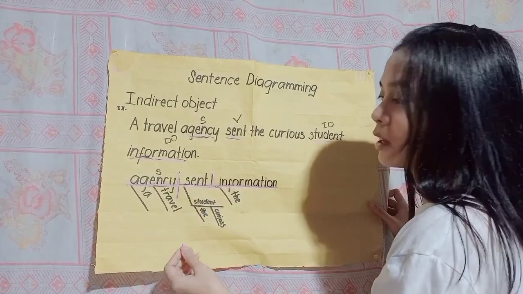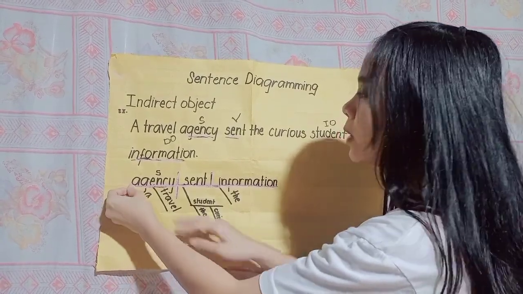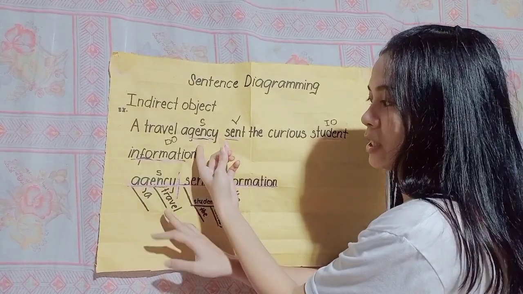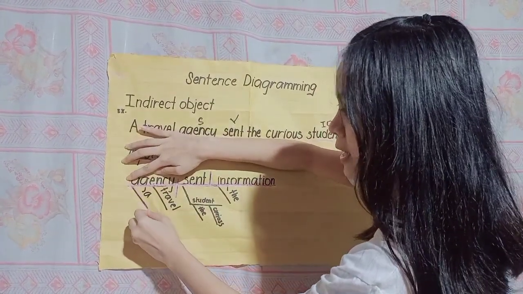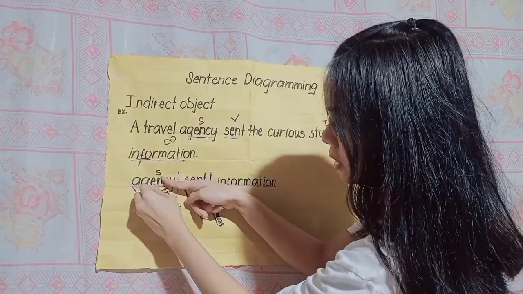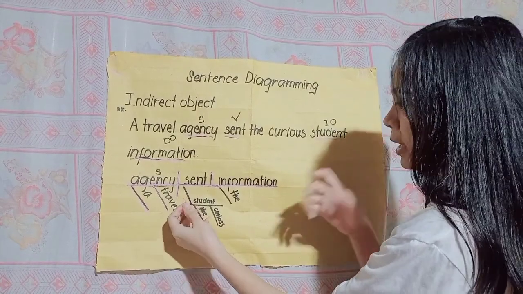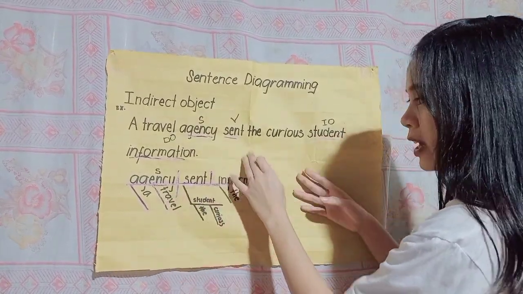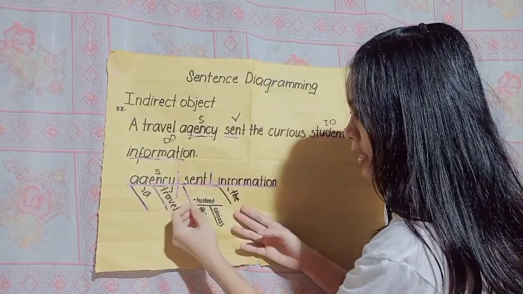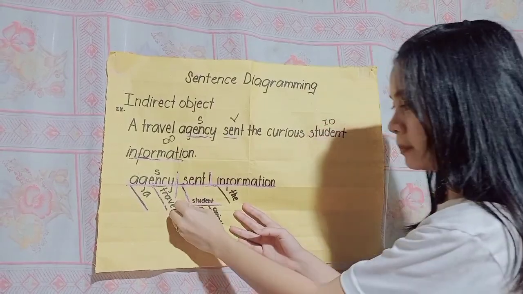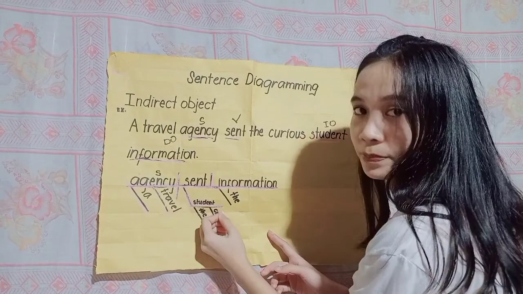After that, we're going to draw a diagonal line which modifies agency. Okay. Travel. A travel agency. After that, we're going to draw a diagonal line and the horizontal line and write the indirect object student.